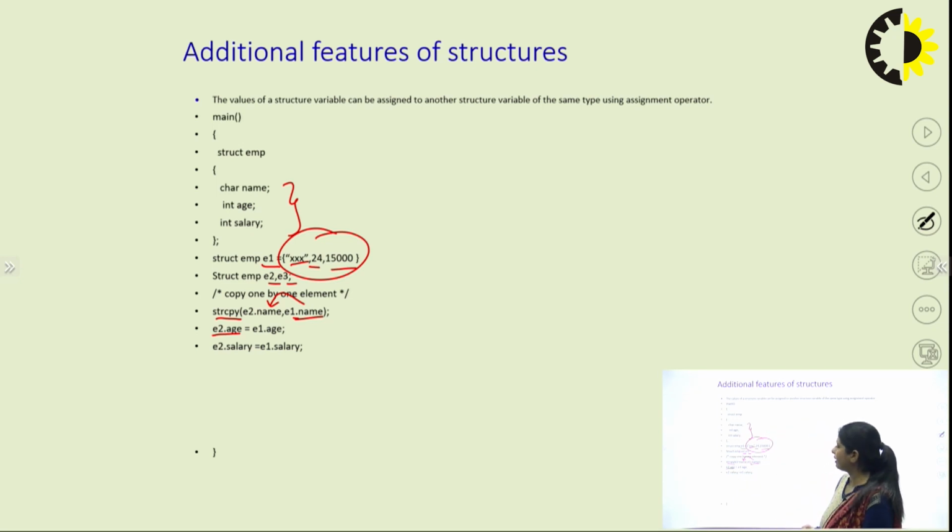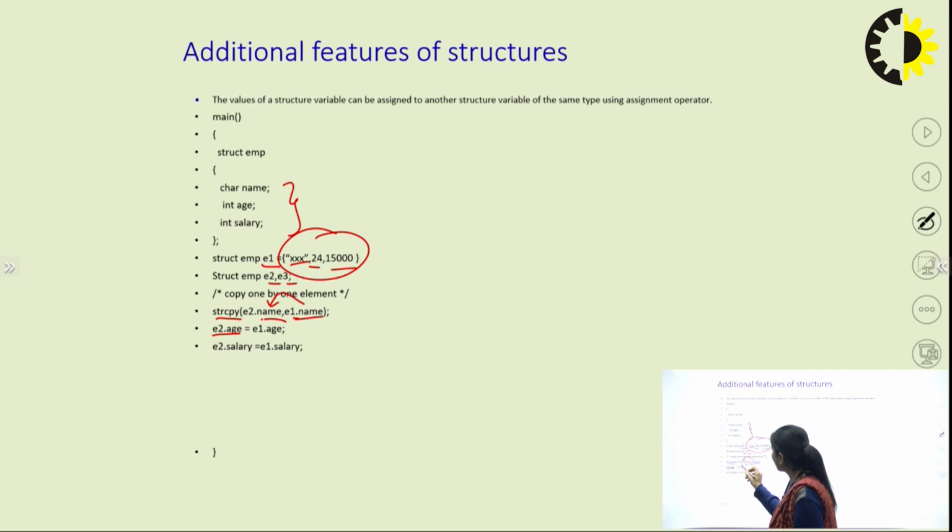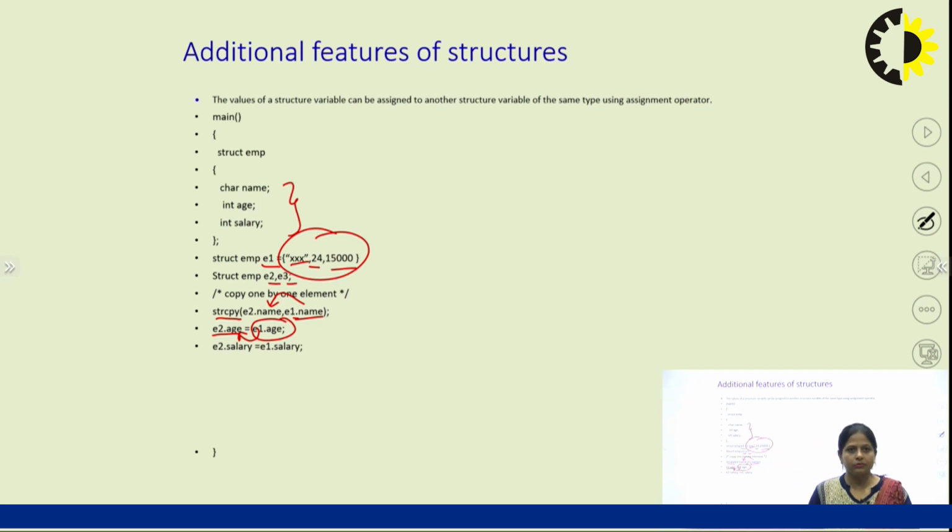Next we have written E2.age = E1.age. That means whatever the value of E1.age is, that will be assigned to E2.age. That means employee 2 will also have the same age as E1.